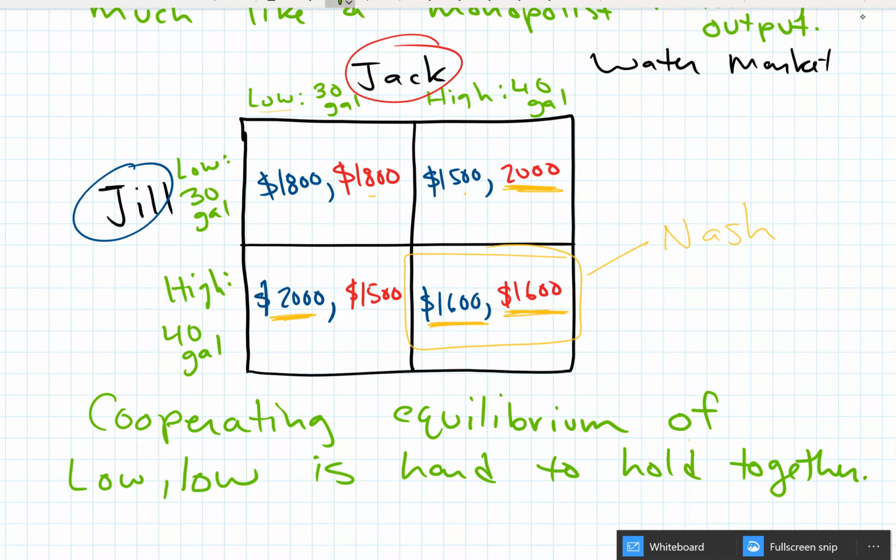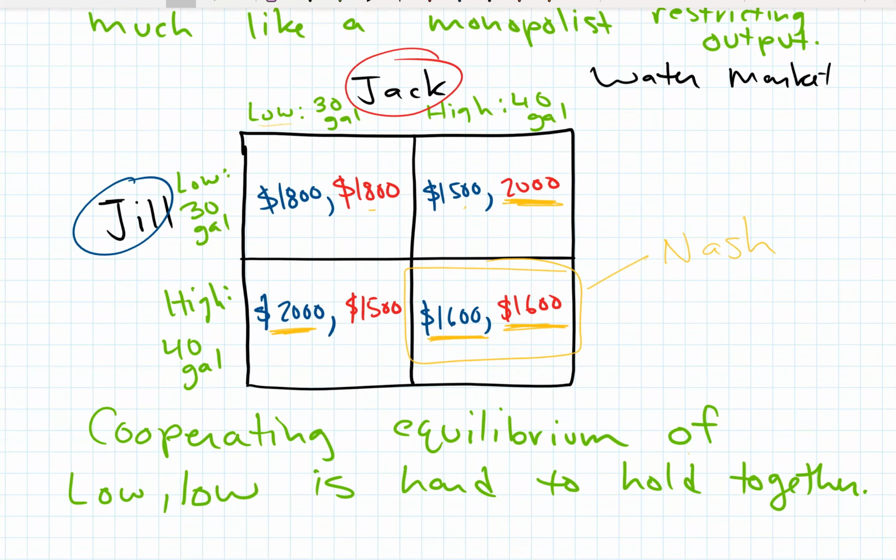This same kind of tension happens in, for example, oil-producing countries that are part of OPEC. They want to keep the price high, and they do this by all the countries cutting their production, right?